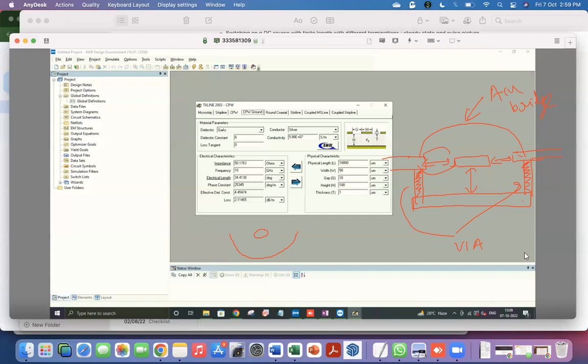Okay. But you can also have the version where you cannot get rid of the dielectric, but you have a finite dielectric thickness and no ground plane underneath. This is slightly artificial.